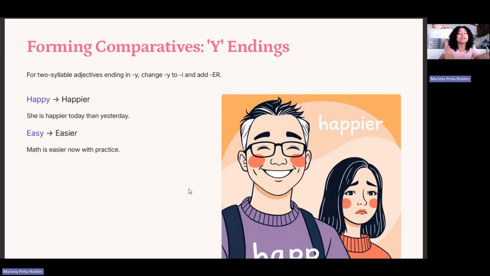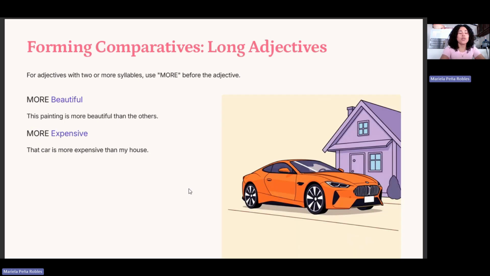And the sentence is, she is happier today than yesterday. The word happy changed to happier, and easy changed to easier.